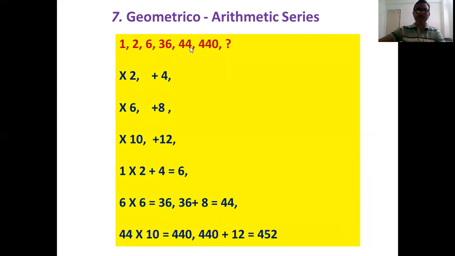So if you observe carefully, we are multiplying by 2 and adding 4, and then there is a gap of 4 in the multiplier. We are multiplying by 6 and adding 4. In the same way, the next one will be multiply by 10 and add 4. So we can say the next number would be 44 multiplied by 10, that is 440, plus 12 is coming out to be 452.